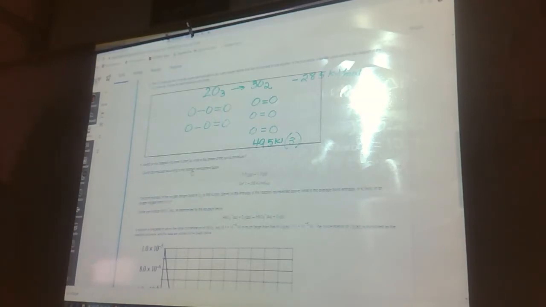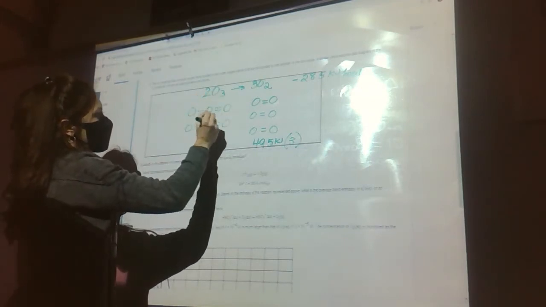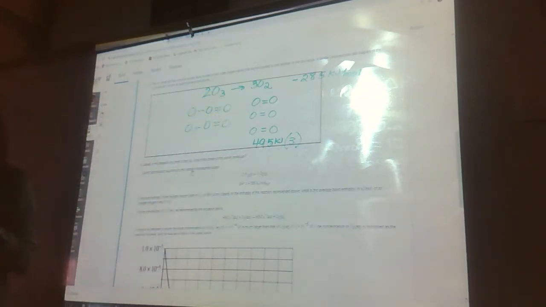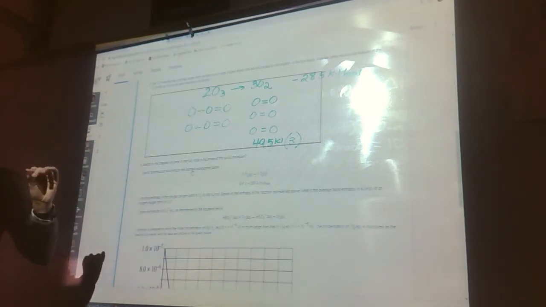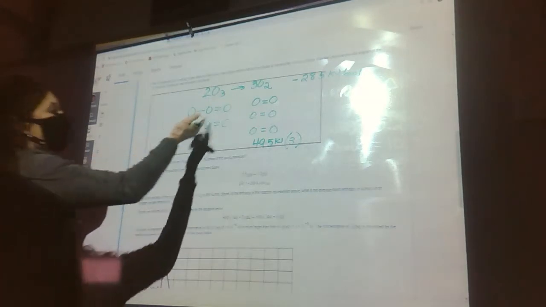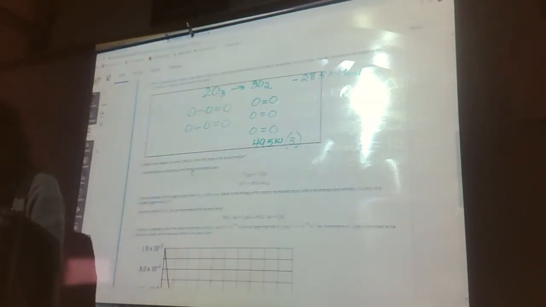And the bonds we're breaking are these. Right? And it doesn't tell us to specify between an OO double bond in that or an OO single bond in that. It just wants us to find, based on the enthalpy of a reaction, what is the average bond enthalpy of an oxygen-oxygen bond in O3? So all we're saying is each of those is the same, because remember they're averages.